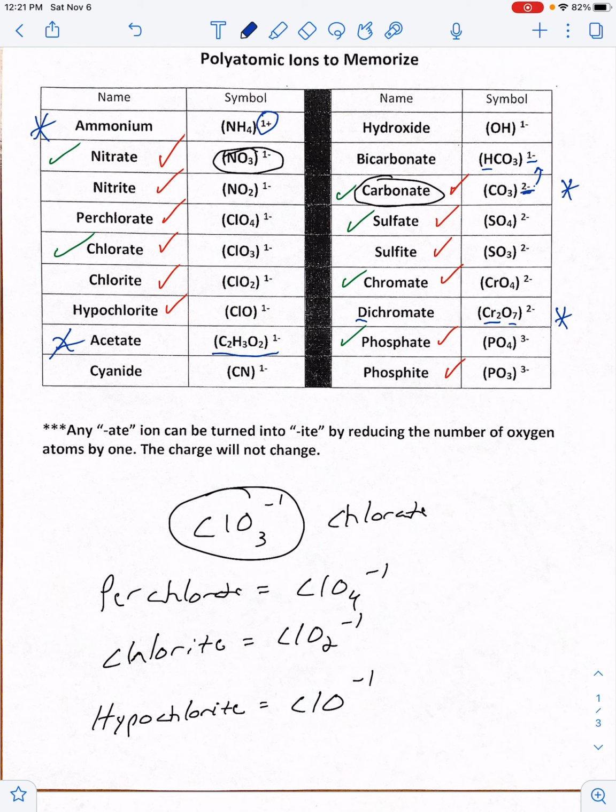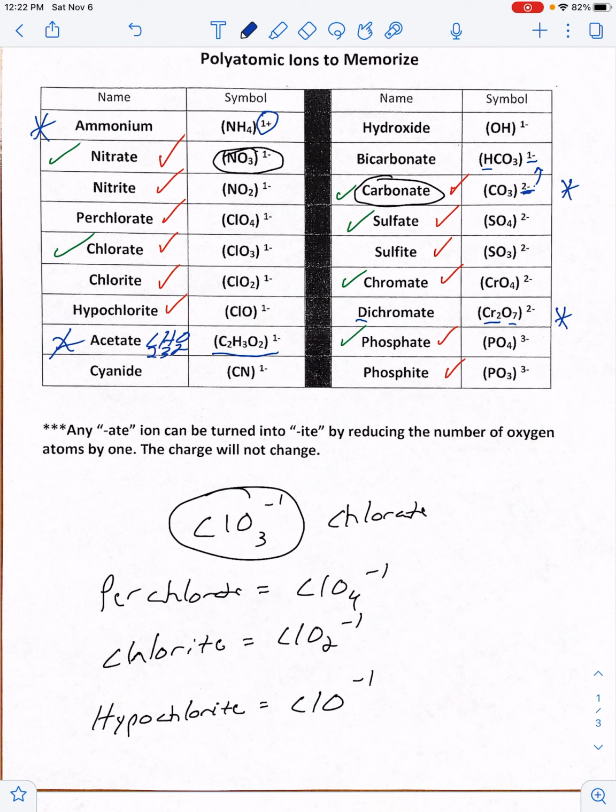So acetate will always be C2H3O2. Chlorate will always be ClO3. You cannot alter those whenever we're writing formulas. The way I remember acetate is I just remember CHO, and it goes 232. So CHO 232. Whatever you need to do to help you memorize that one is fine with me.